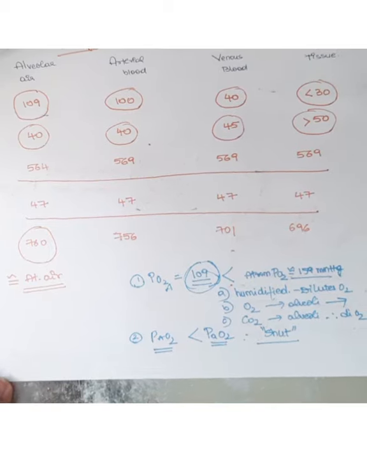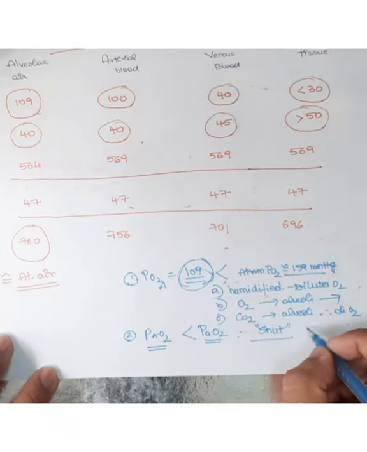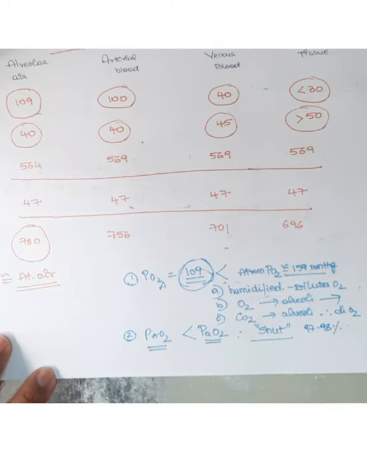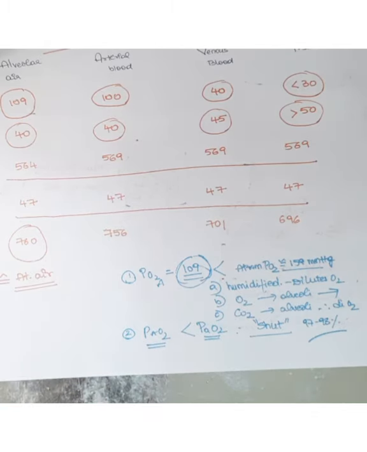That is, not all of the blood goes to the pulmonary capillaries. About 97 to 98% of the blood goes to the pulmonary capillaries, whereas a few blood is shunted. It does not enter inside the pulmonary capillaries for oxygenation. It moves in a shunt pathway. So that is the reason there is a decrease in the partial pressure of oxygen in the arterial blood.